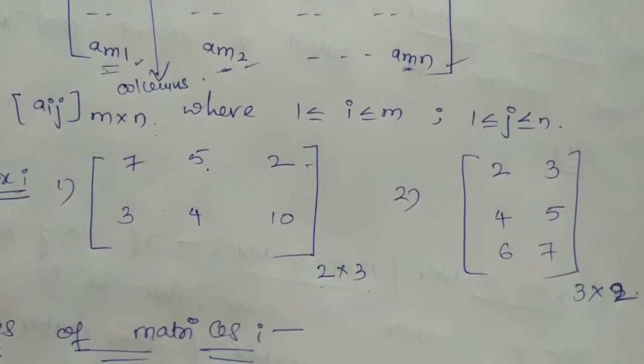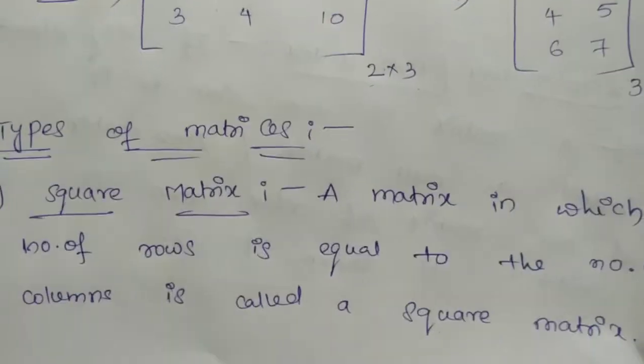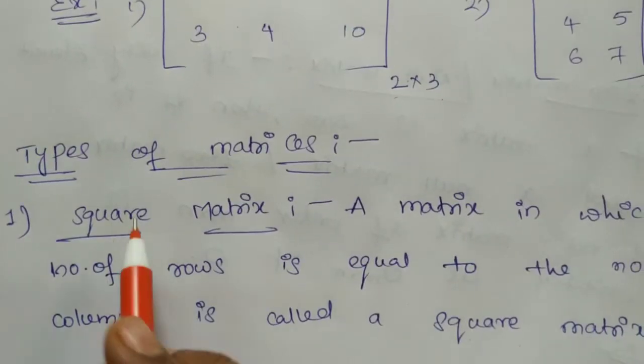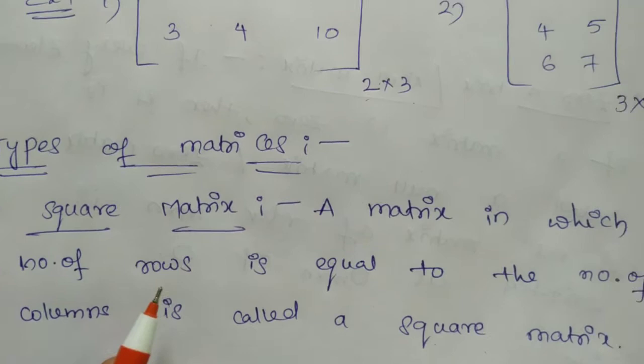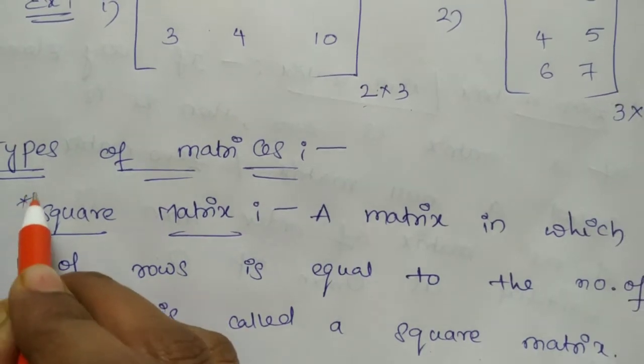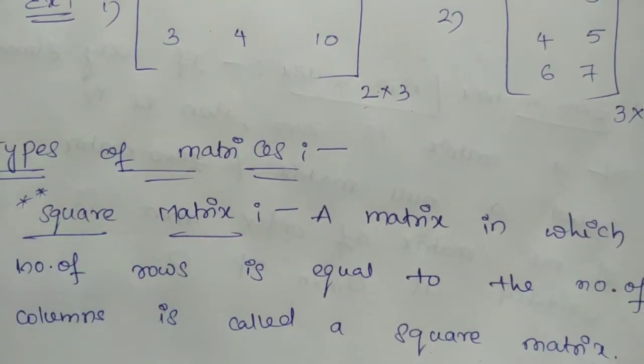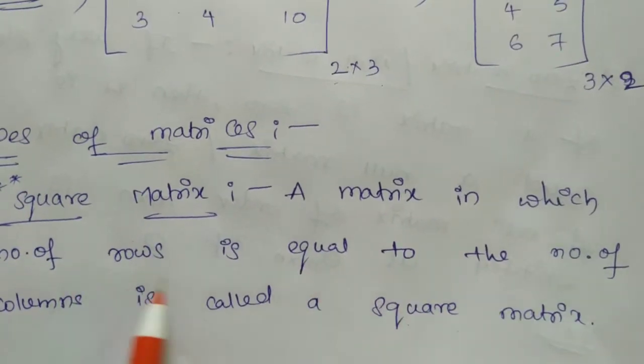Coming to the types of matrices. The first type is the square matrix, which is important. The definition of a square matrix is a matrix in which the number of rows is equal to the number of columns.